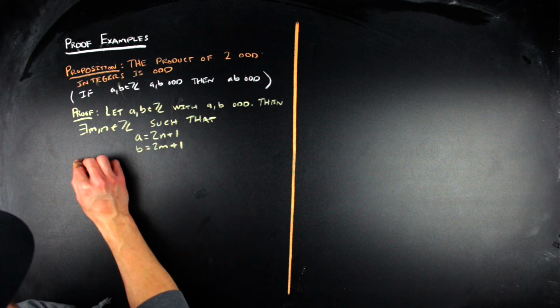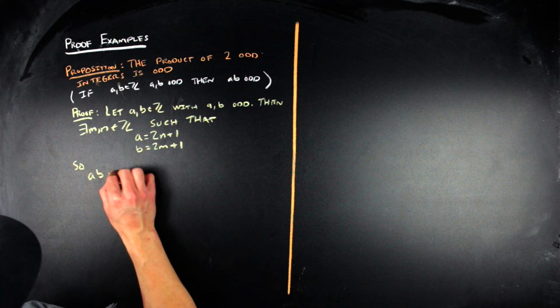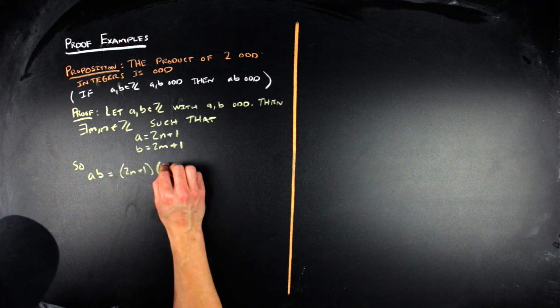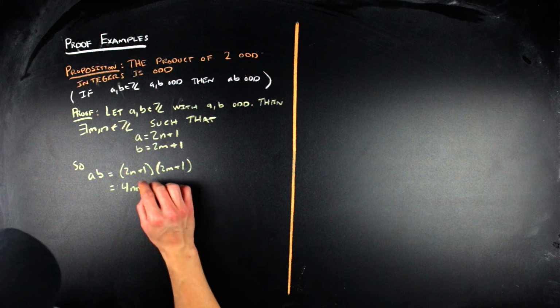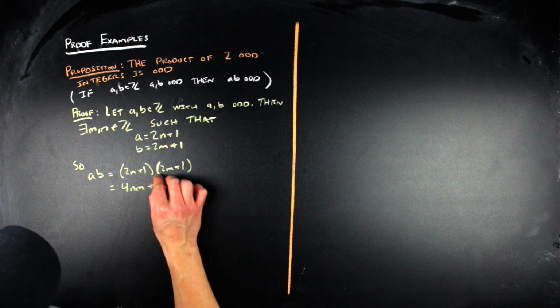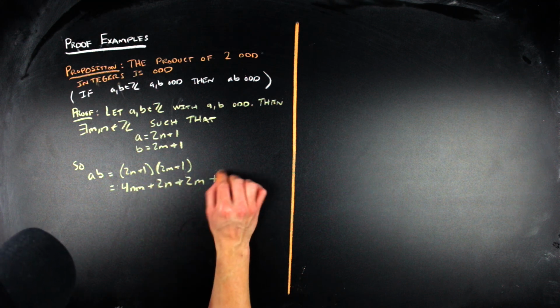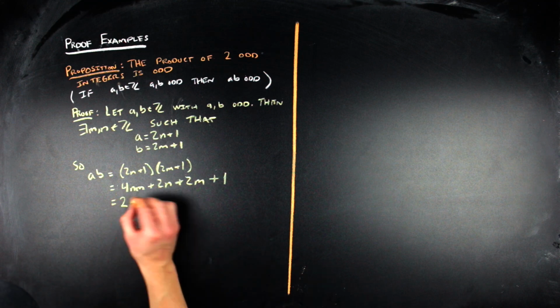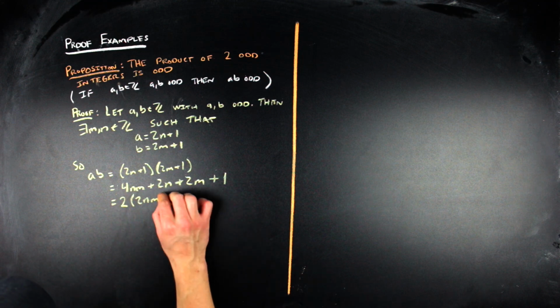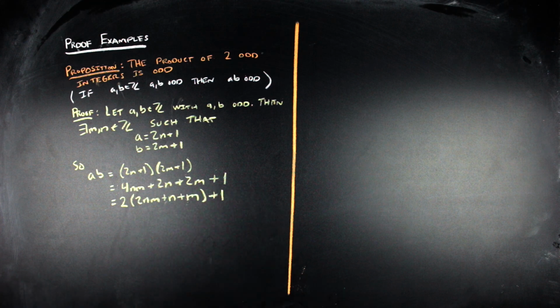When we look at ab and multiply out the quantity (2n+1) times the quantity (2m+1), we end up getting 4nm+2n+2m+1. Factoring yields us 2 times (2nm+n+m), plus 1.